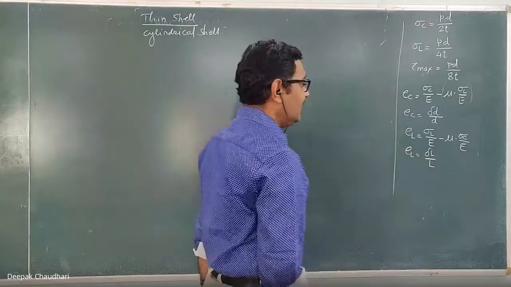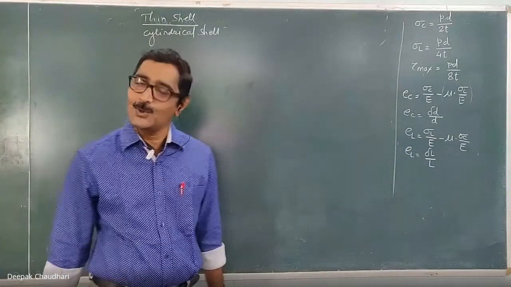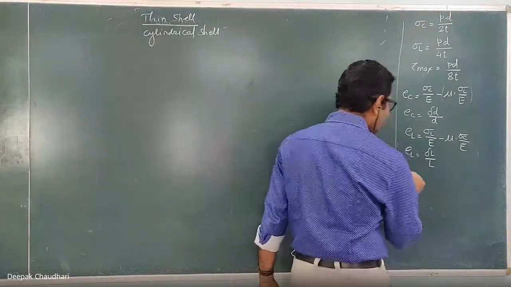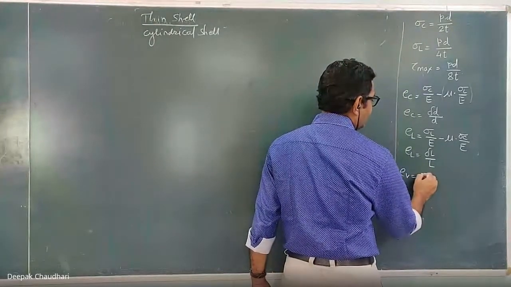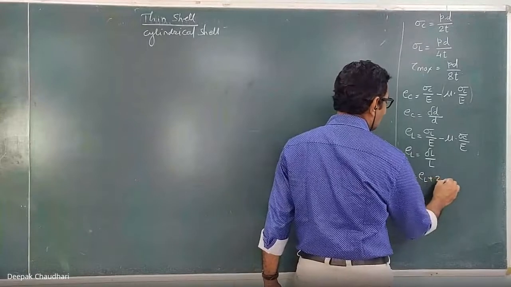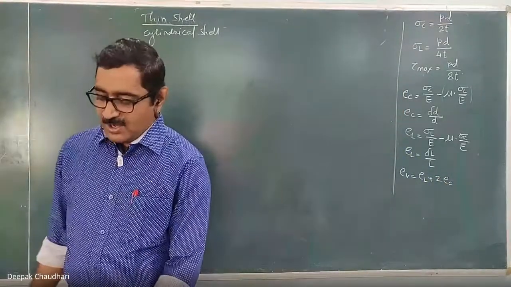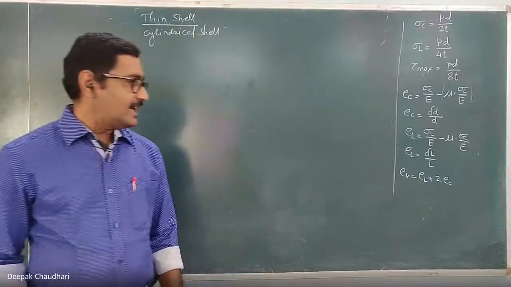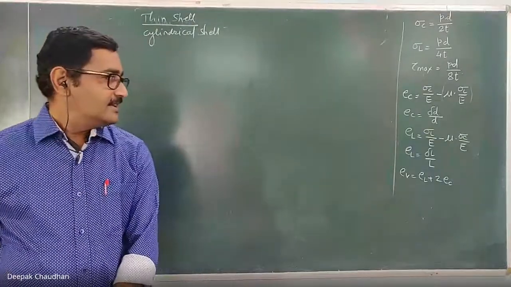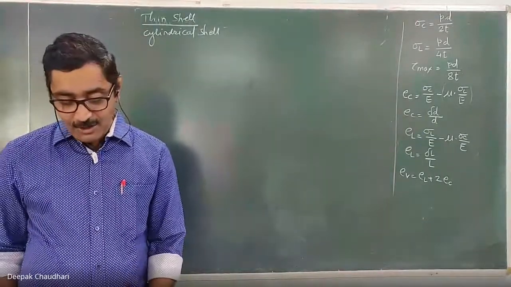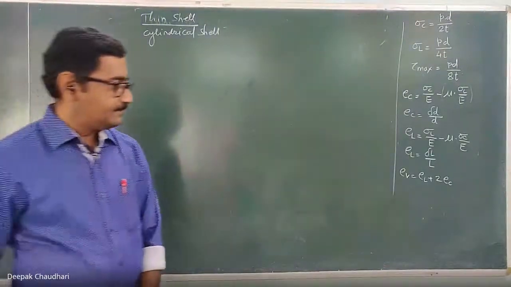In fact, all these formulas are applicable for cylindrical shell only. For a cylindrical shell, the volumetric strain is given by EL plus 2EC. Yesterday we derived this formula also. In the first lesson we wrote that the volumetric strain equals the strain in X, Y and Z directions, but for a cylindrical shell the volumetric strain is EL plus 2EC.